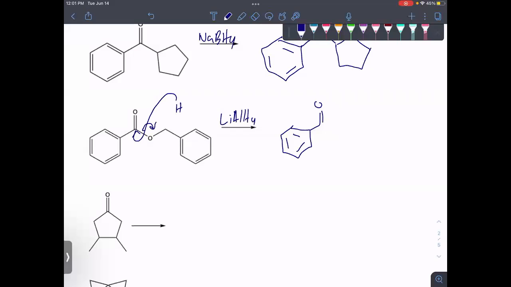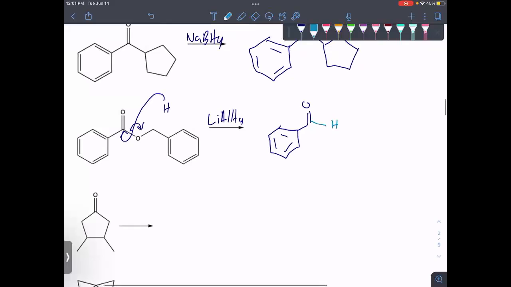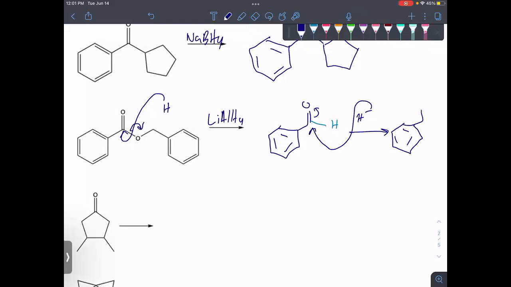And then that benzyl alcohol is floating in the solution. And then in the second step, we reduce the carbonyl and we got our primary alcohol. Actually, oh, that's funny. So the leaving group and the actual reduced ester are the exact same product.